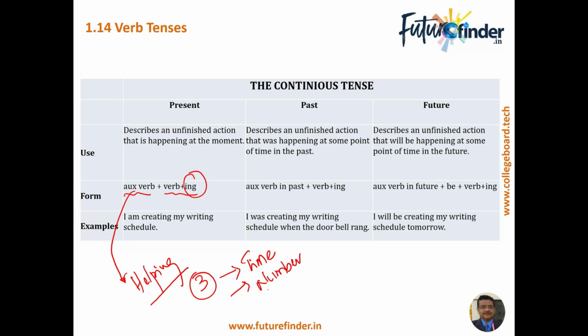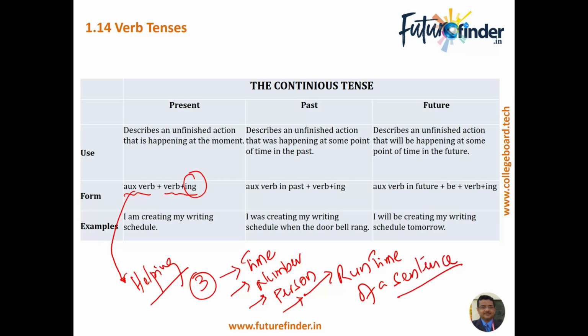It shows you the person. These are the three things that it will show you on the runtime of a sentence. So if you have a sentence on the runtime, it is going to show you.